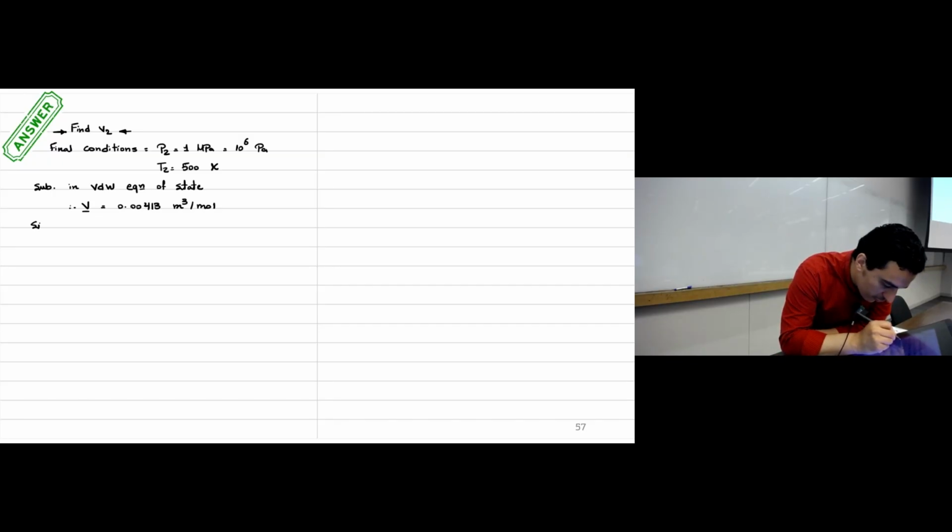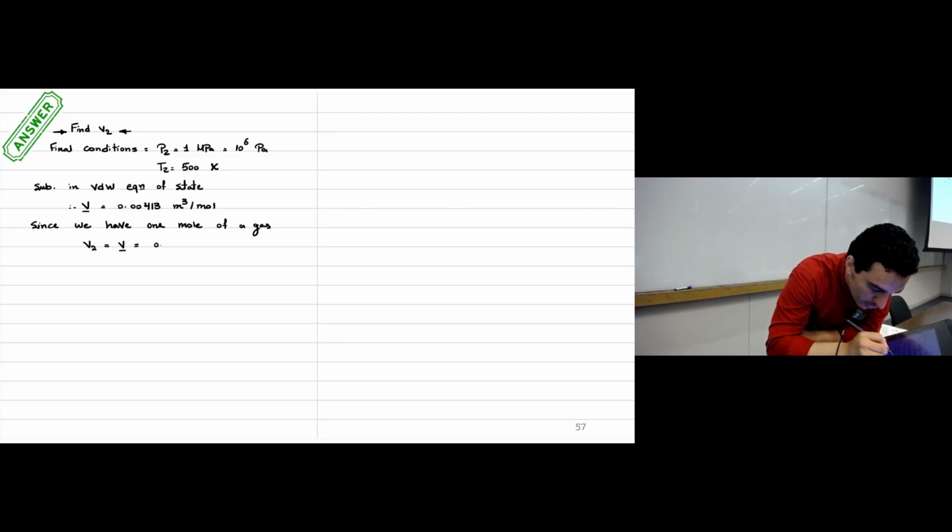But again, since we have 1 mole, the final volume V2 will be the same as the molar volume, which is 0.00413 meter cube.